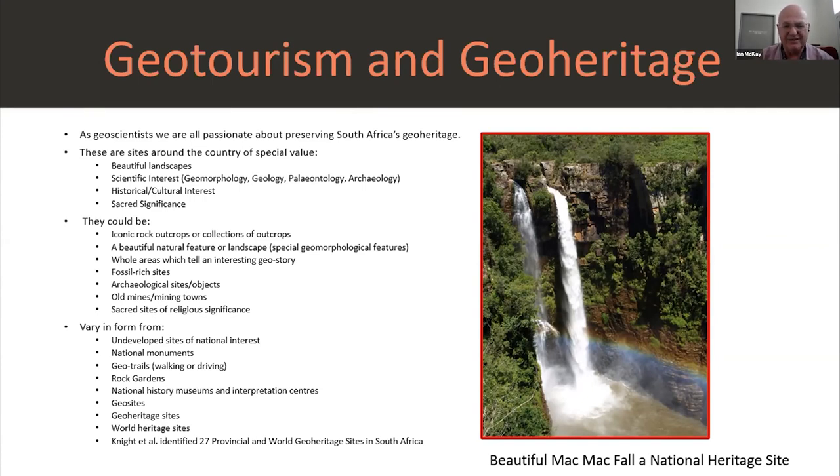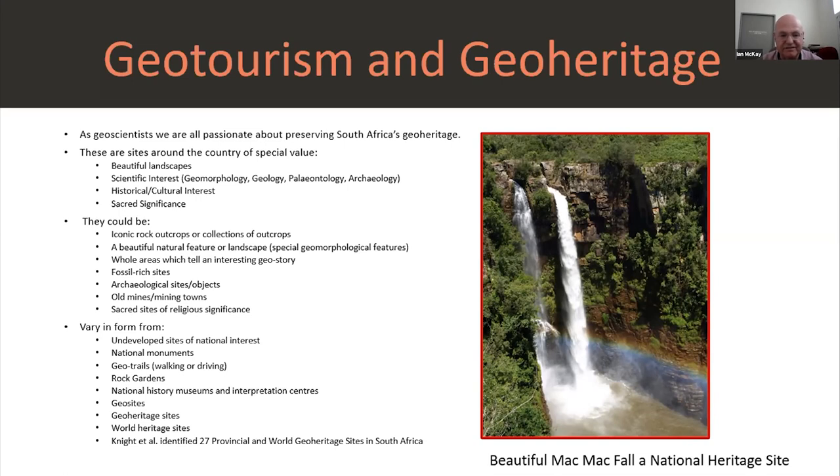And actually just setting up a directory and compiling this list has been a major task. They could be iconic rock outcrops, collections of outcrops, a beautiful natural feature or landscape. You could have fossil-rich sites, older mines, sacred sites of religious significance, which is unusual, but I know that the caves in town are used by Christian sects.